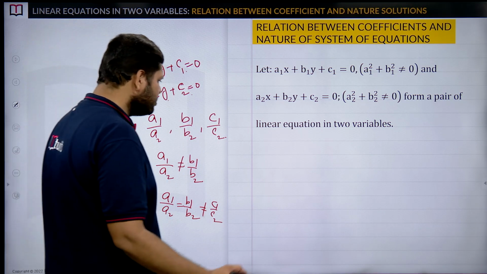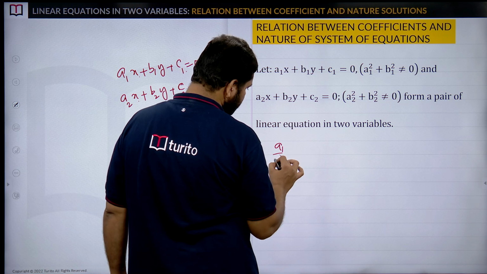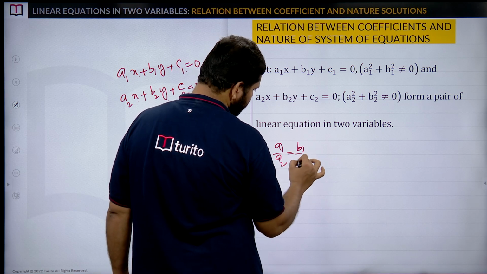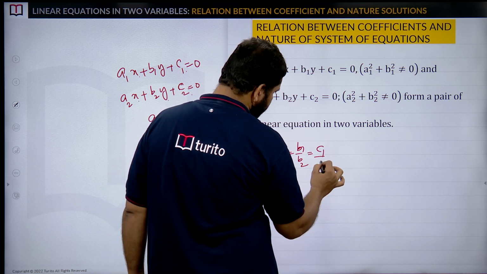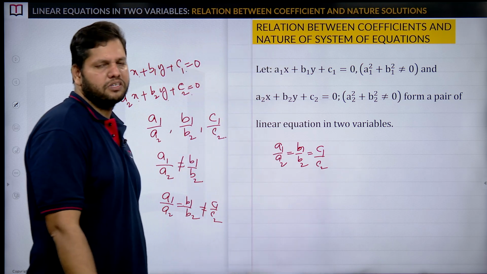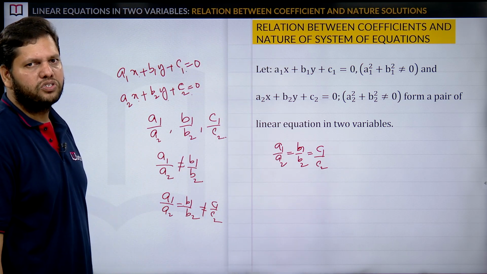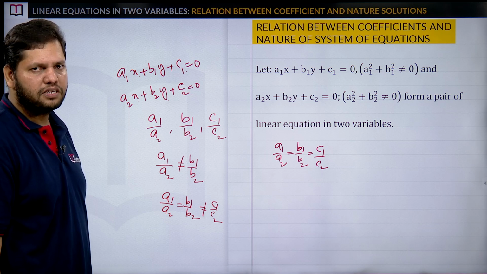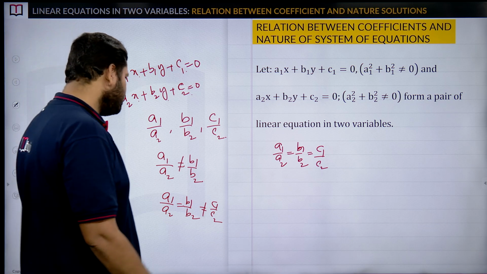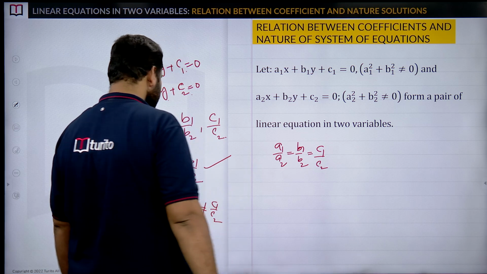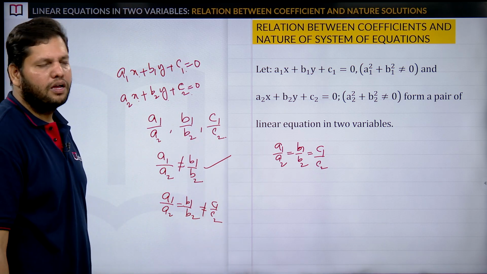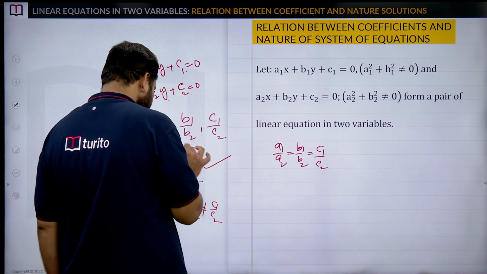Another comparison is a1 by a2 equal to b1 by b2 equal to c1 by c2. It is the third comparison. Okay, children, so we have exactly three comparisons of the ratios of their coefficients. Children, in the first comparison, a1 by a2 is not equal to b1 by b2. In this situation, what can we say, children?